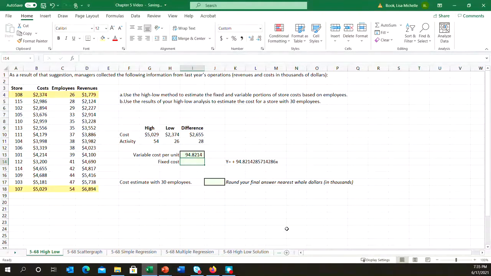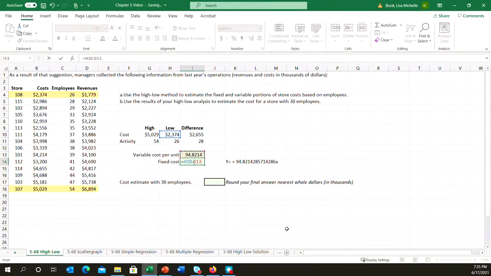So think about this. Total cost includes two things, variable and fixed. We already estimated variable, or we can estimate variable. So if I take either of these two data points, the total cost, I'm just going to use the low. If I take that 2,374, again, variable plus fixed. If I subtract out the estimate for variable, I'll back into fixed. And again, I can do this for high or low.